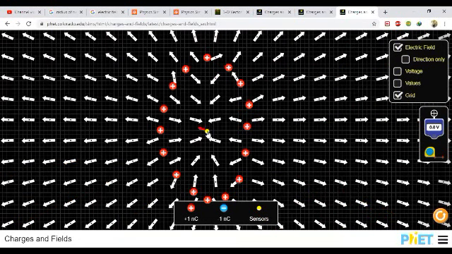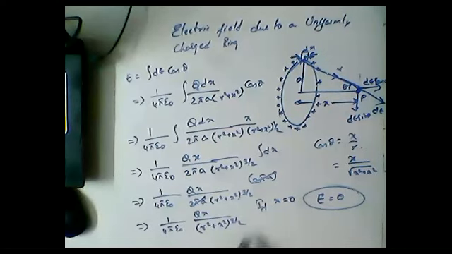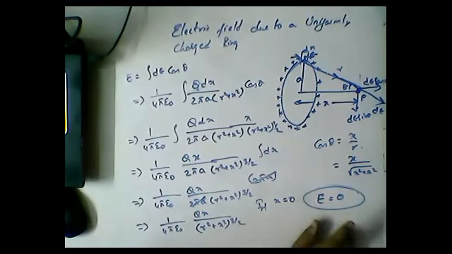If you keep x as a finite value, you get an electric field. But if you keep x equal to 0, you get electric field intensity 0. So this is the electric field due to a uniformly charged ring. I hope you all understood.